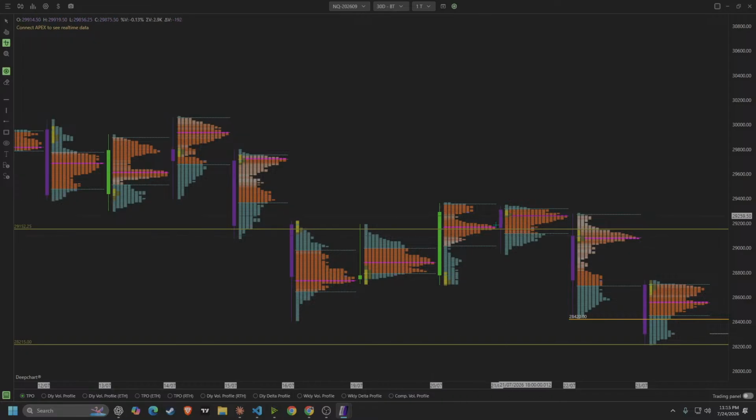And prior to that, before we had this transition, we made a higher low, then an equal lower low, a higher low, and a lower high, and a lower high, and a lower low. So this is really a transitional period.